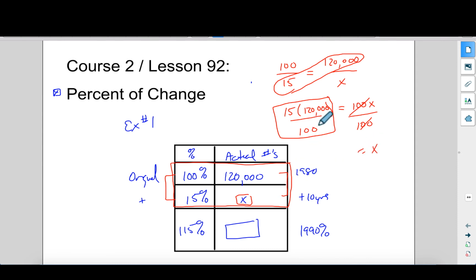Now I can cancel off 2 zeros here and just do 15 times 1200 to come up with this. Once I get that, I can add 120,000 to this new number and get my new amount. So it's about filling in these charts in a proper way.